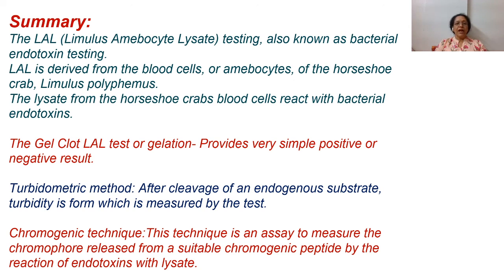Positive control and negative control are required during this testing. And preparation of a standard graph is a main part of the turbidometric and chromogenic techniques. Based on that, one can find out the exact quantity of endotoxin present in the pharmaceutical product, which is an important test in the QA department of any pharmaceutical industry.